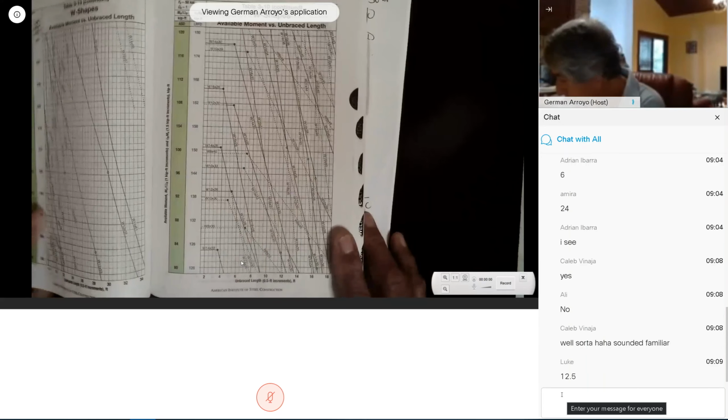I want to look for the section that we had. The section that we had in here is a W12 by 53.